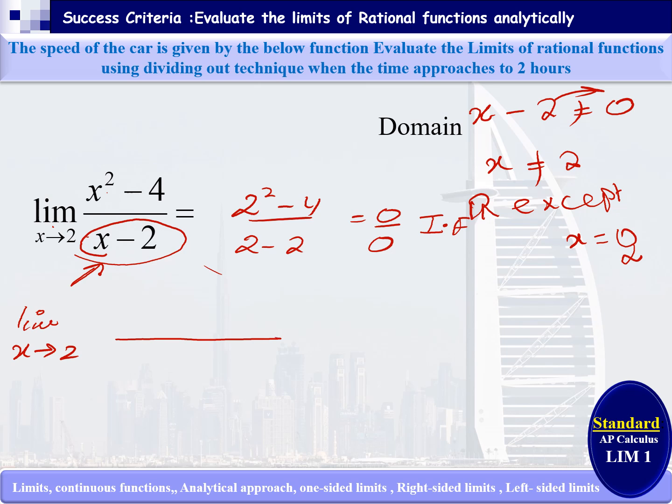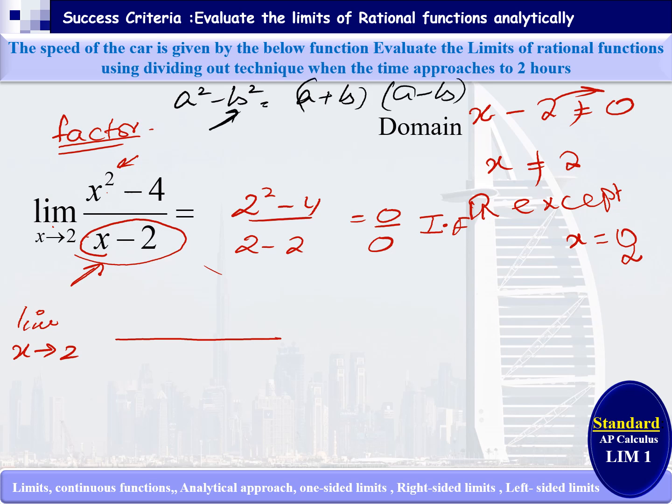Dividing out technique means try to factor it if possible. So you can see this is power 2. I know the formula that if I have a squared minus b squared, the answer is a plus b and a minus b. How do I get the b? By taking the square root.